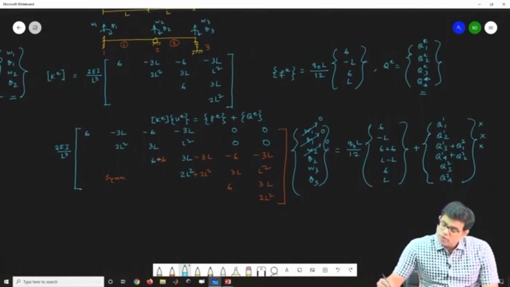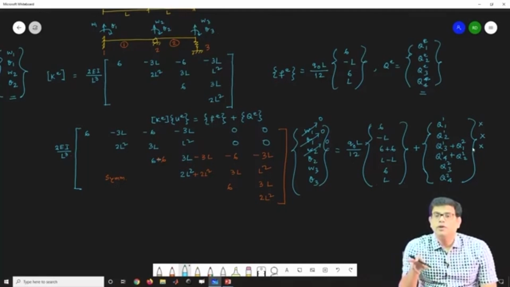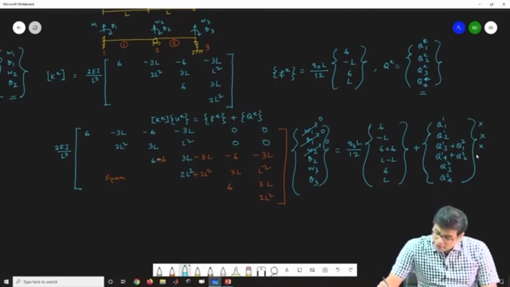So naturally, the sum of these two moments coming from element 1 and element 2 has to be equal to minus m0.